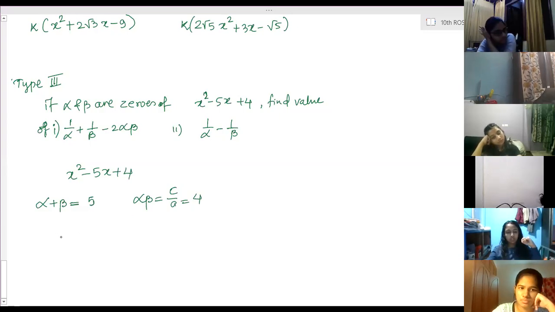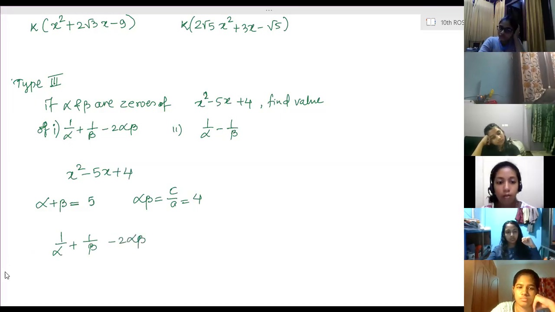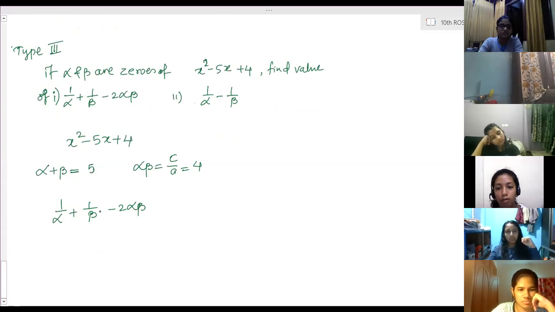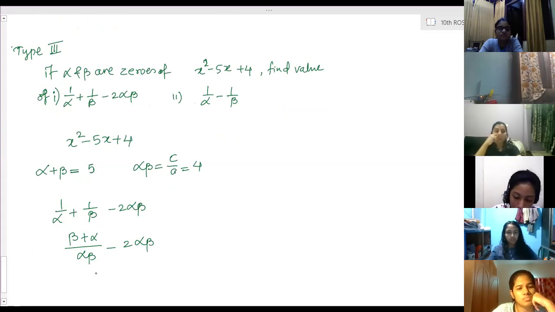Now here we need the value of 1 by alpha plus 1 by beta minus 2 alpha beta. In this case, take LCM of this part. So it will be beta plus alpha by alpha beta minus 2 alpha beta. So we have beta plus alpha, that is alpha plus beta value, and as well as we have the alpha beta value, that is 4. Substitute here.